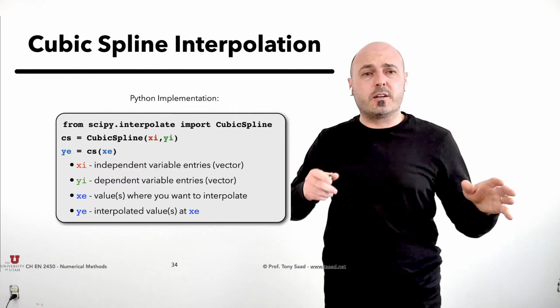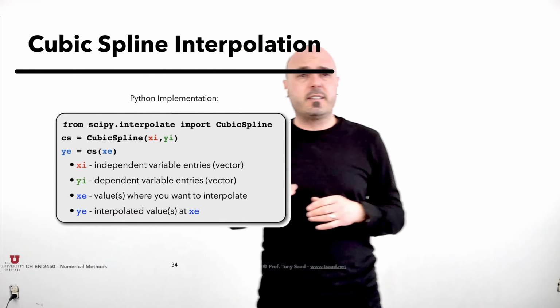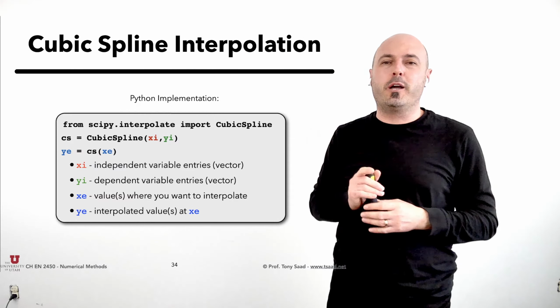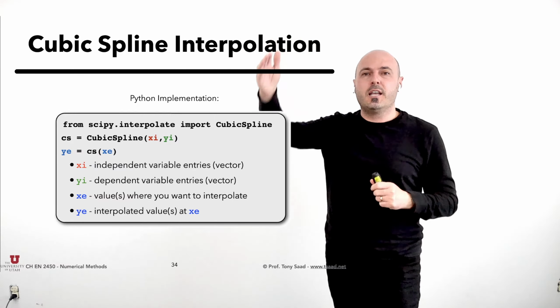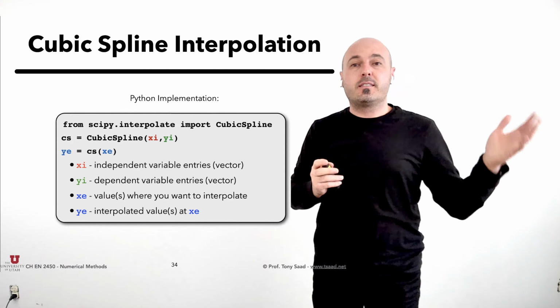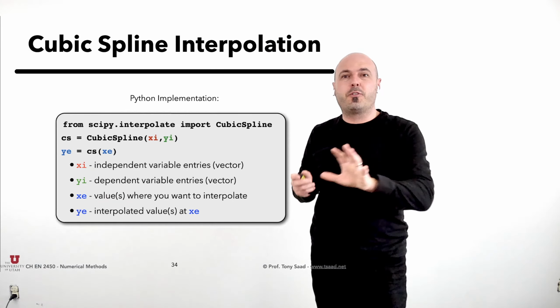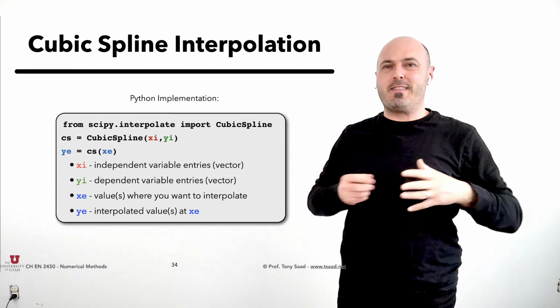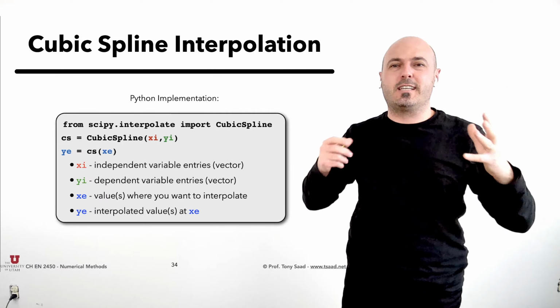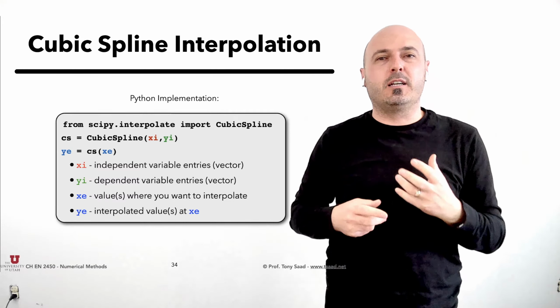The first line is CS equals CubicSpline(xi, yi). Again, the interface remains the same: you have input independent data and input dependent data. CubicSpline of those data gives you the coefficients of the spline and the system to build spline interpolants.